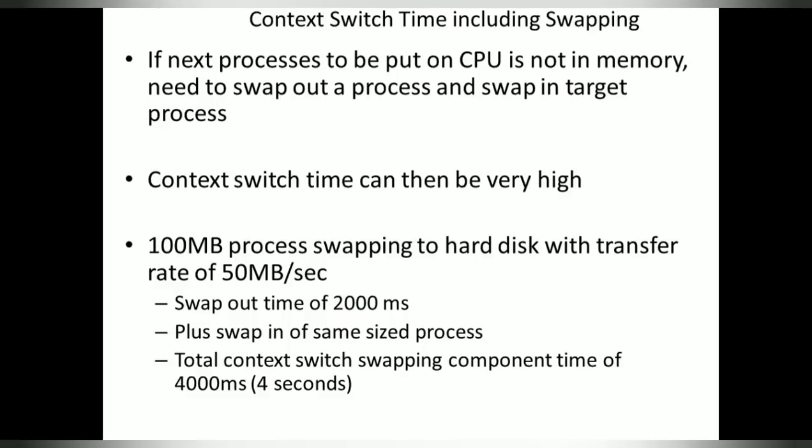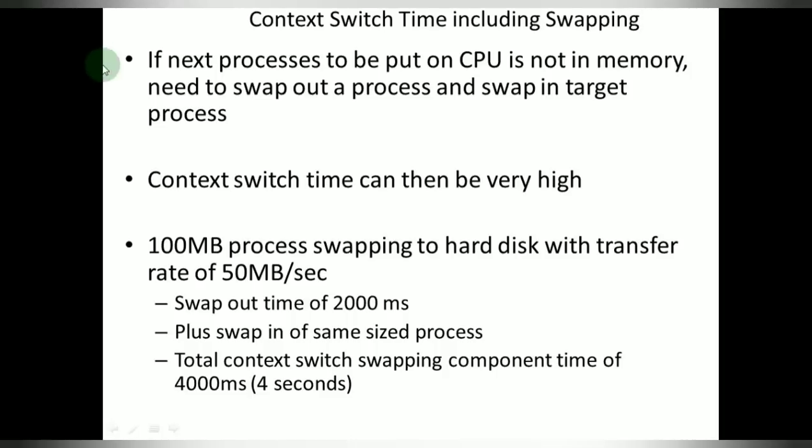Process P2 completed the time quantum, completed its execution. Now next the CPU will switch to process P3. Now process P3 is not in the memory. Now what happens? I will have to swap out one of the processes. Let me say I consider to swap out process P1 and I will swap in process P3.